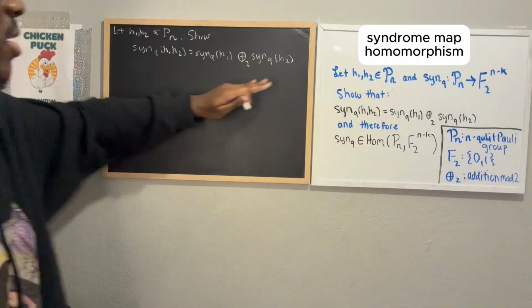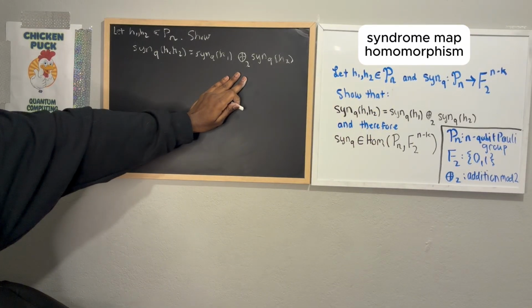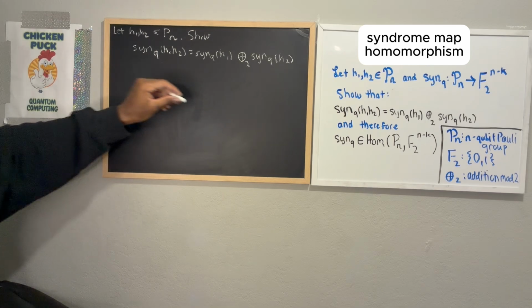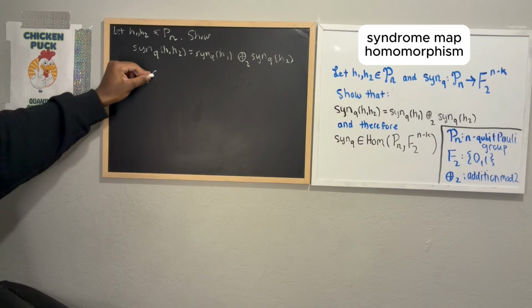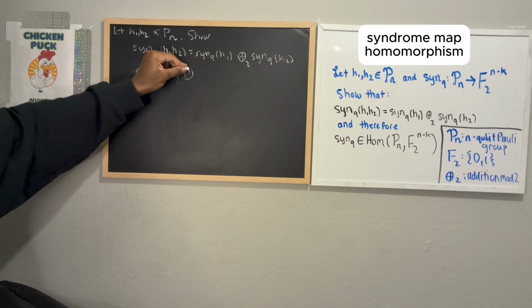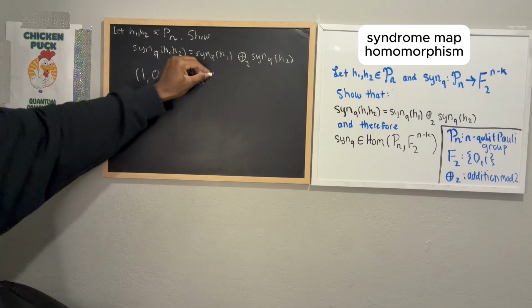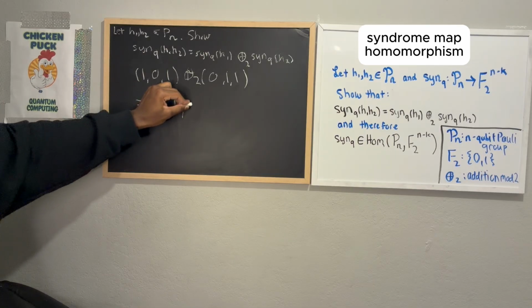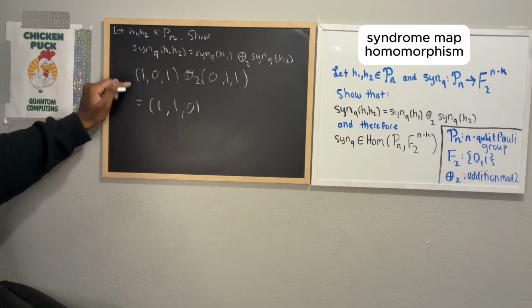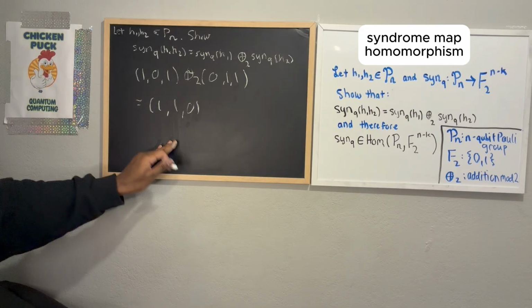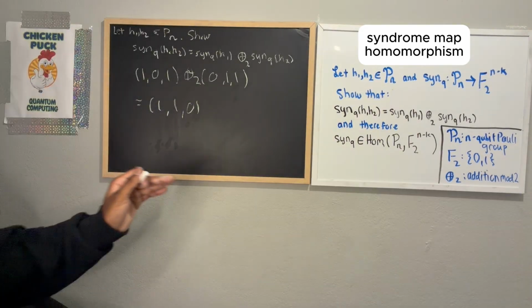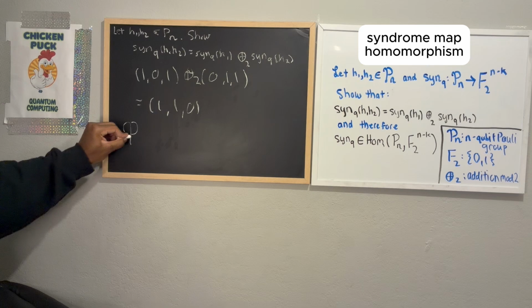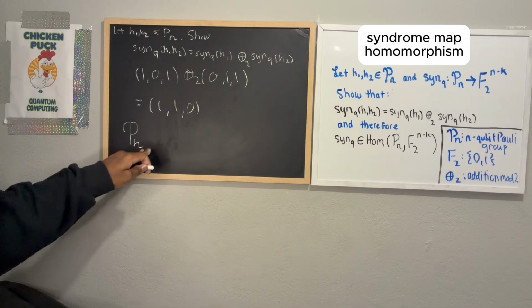I basically wrote this down here, so let's unpack this first. What does the symbol here mean? This means modulo 2, component by component. For example, if I had 1, 0, 1 plus 0, 1, 1 mod 2, I would get 1, 1, 0, because we're taking mod component by component. Now, what is a homomorphism? It's a map that preserves the algebraic operation. Here the domain is Pn, where the relevant operation is multiplication.